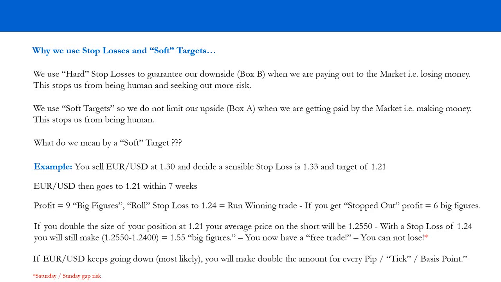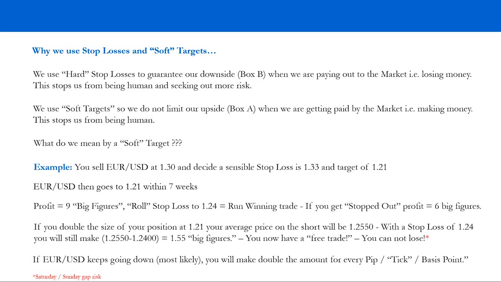If euro dollar just goes up, so closes on Friday at 121 and then trades at 126 straight away on Sunday, your stop loss will be triggered if you leave it in the system at 126. So you need to understand that in the background there is still gap risk in currencies, even though market participants with conflict of interest will lead you to believe always that there isn't. There is still gap risk present when trading currencies.